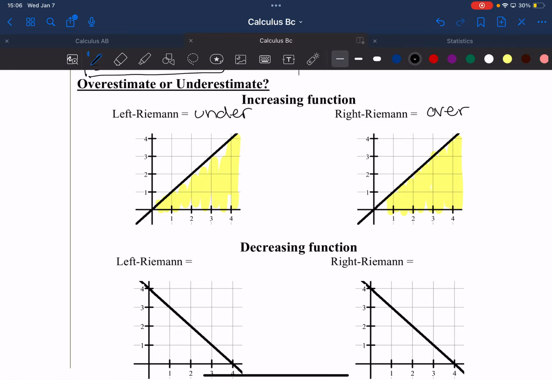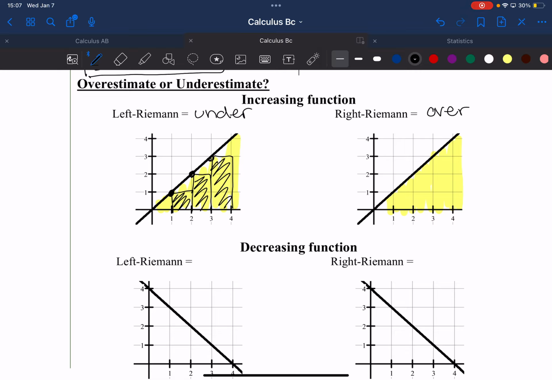So left Riemann sum, again, we are making sure the rectangle touches from the left. So when I draw these rectangles, I would make sure that only the left side of the rectangle is touching. And when I do that, you'll notice that this is an underestimate because it is not covering the entire area, and it's not also going over it either.